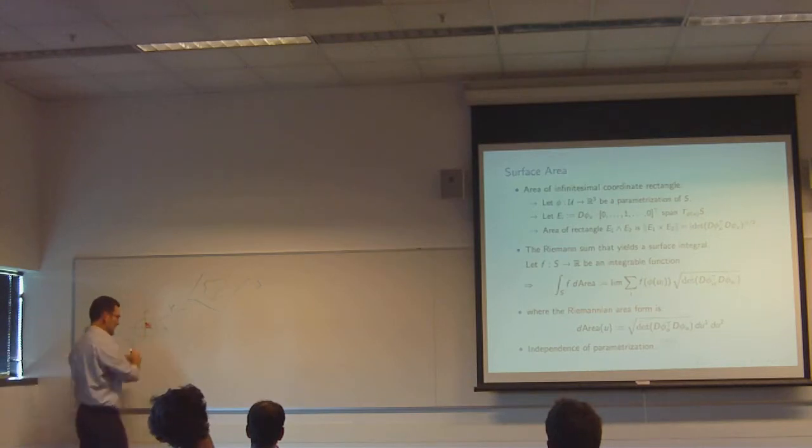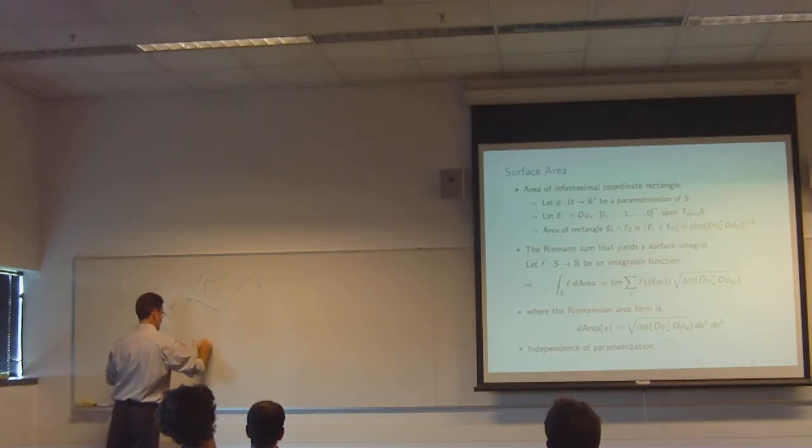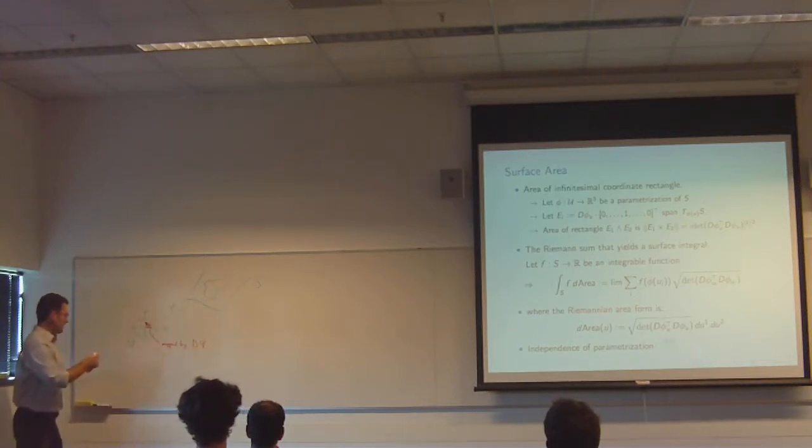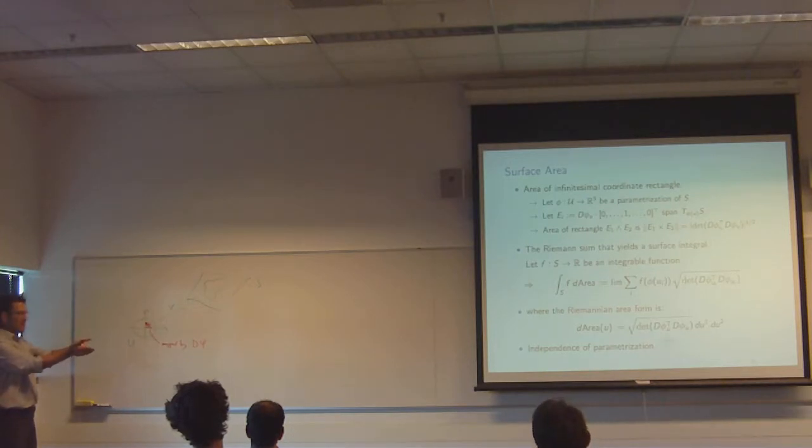Remember the mapping of a small rectangle. Small rectangles are mapped forward under the linear transformation d phi, and they don't end up as small rectangles over on the right-hand side. They end up deformed, right?